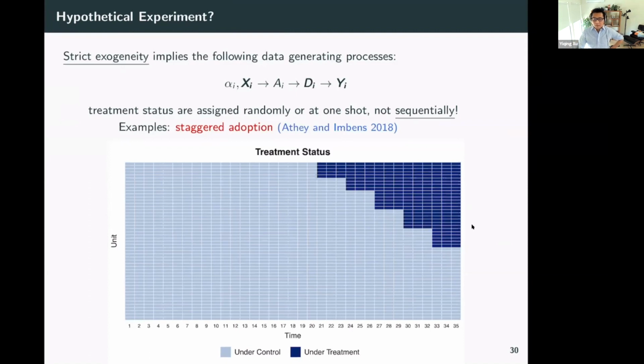Of course, one caveat is that not all staggered adoption is consistent with strict exogeneity. It's still possible that in those earlier periods, Y may feed back to D. There's a very famous term, the Ashenfelter dip in labor economics. People lose their jobs, and they're more likely to join a job training program. This is literally D feeding back to Y feeding back to D. Although you may be in a staggered adoption, where they start the program and stay in it for an extended period of time, this does not satisfy strict exogeneity.